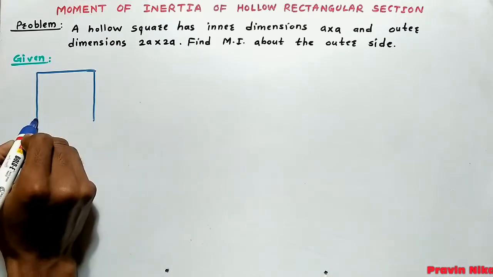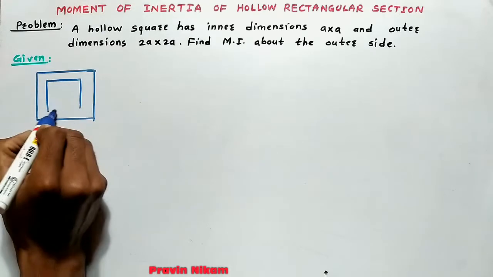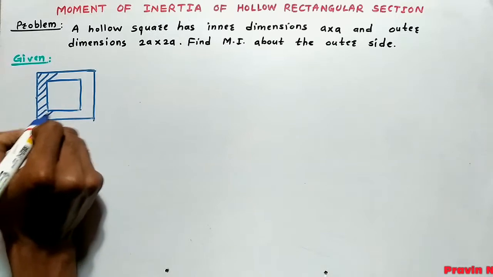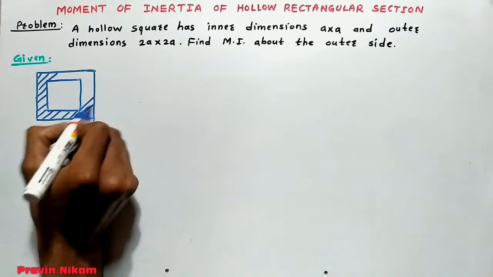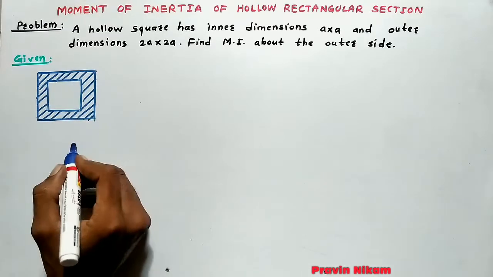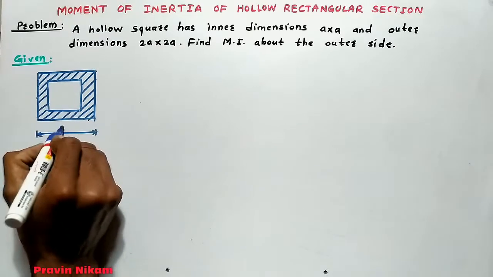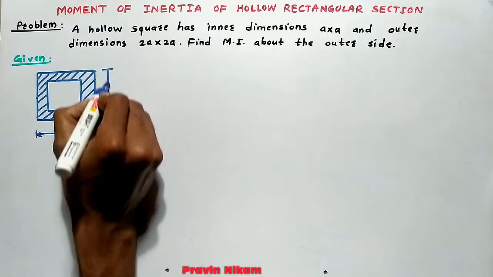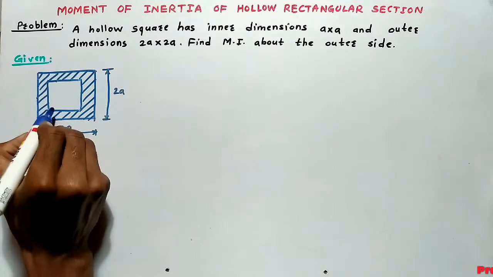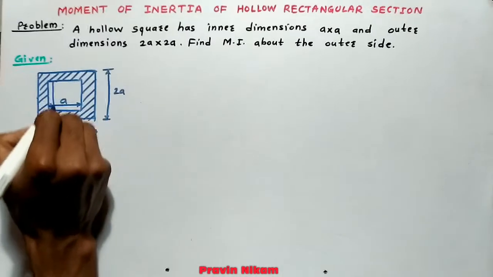This is the outer square and this is the inner square. The outer dimensions are 2a into 2a and the inner dimensions are a into a.